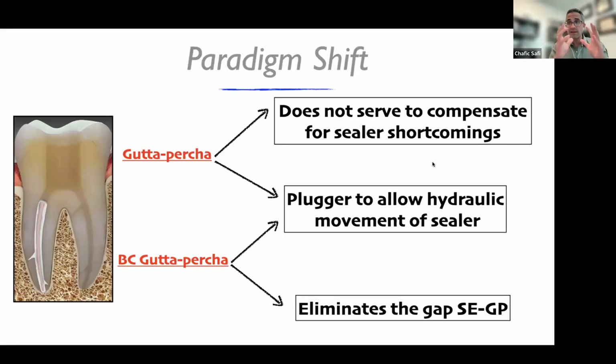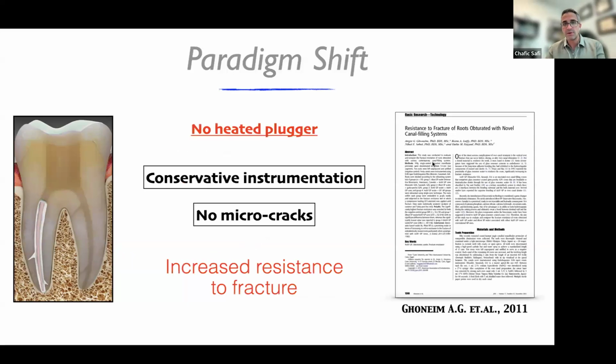And so we are shifting from using gutta-percha as the main agent to condense and compact in order to compensate for the sealer that's going to retract and wash away. We're going to be using it to create enough hydraulic pressure to spread the bioceramic sealer everywhere.